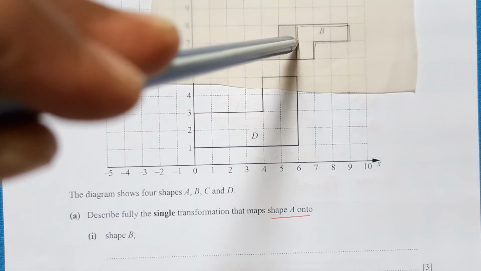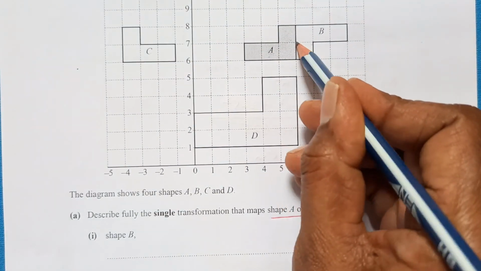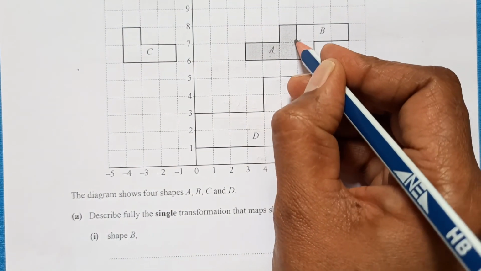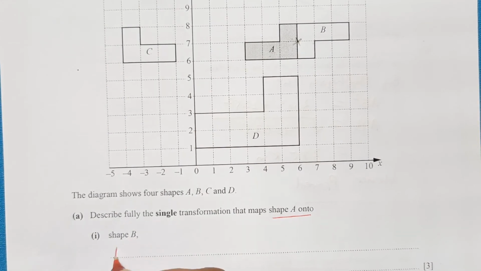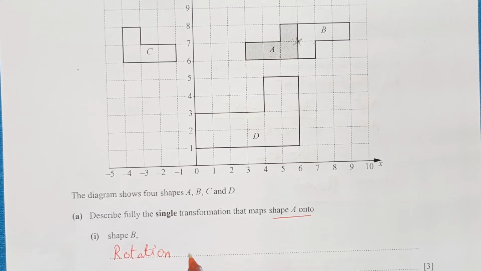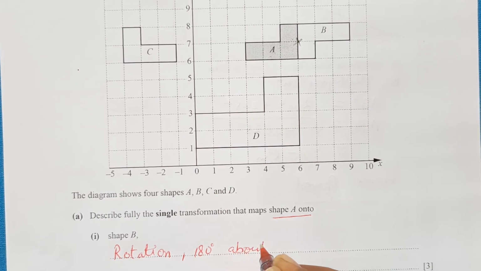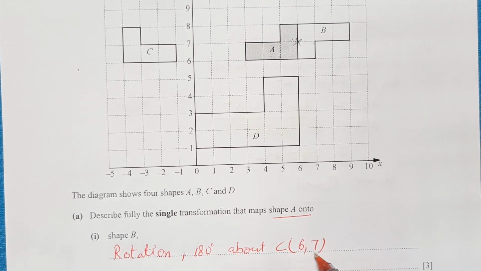When you rotate it twice, and you have rotated through this point, that means this is the center here, which is 6 and 7. So what transformation is this? It is a rotation, 180 degrees about center. Center is 6 and 7.